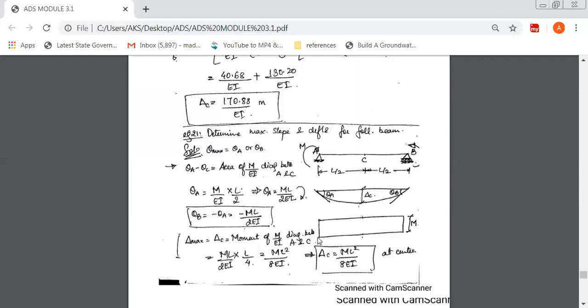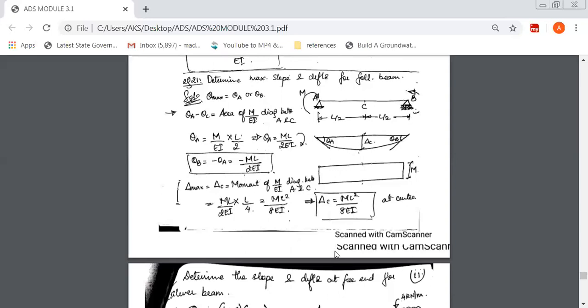Here breadth is M over EI, and length is exactly half the distance, so it is L by 2. So theta A is ML over 2EI. The answer is positive, clockwise. Theta B is just the opposite, that is minus ML by 2EI.